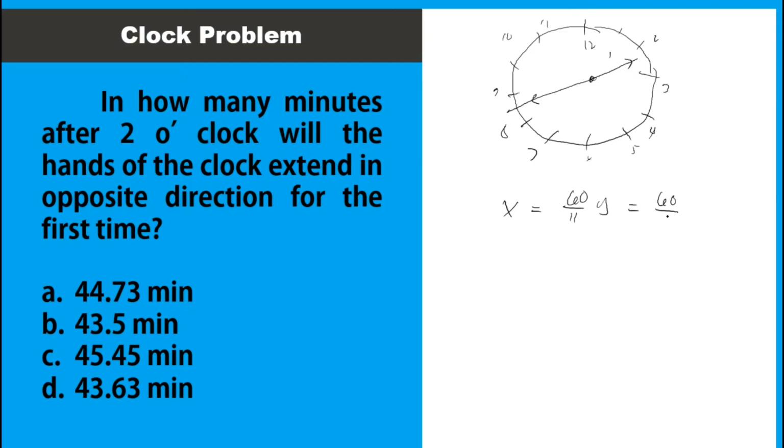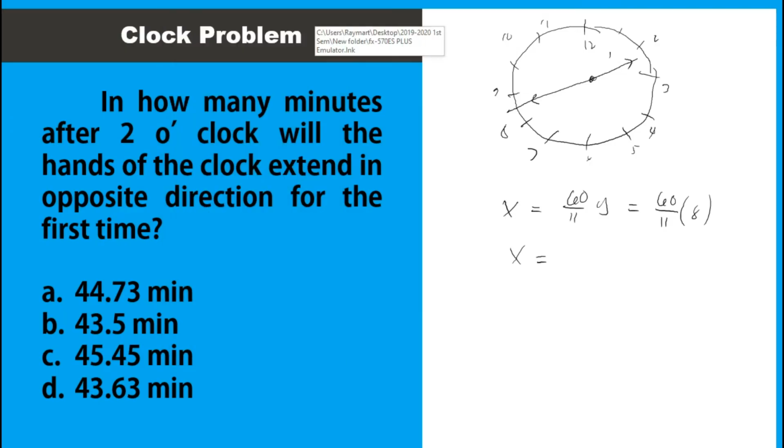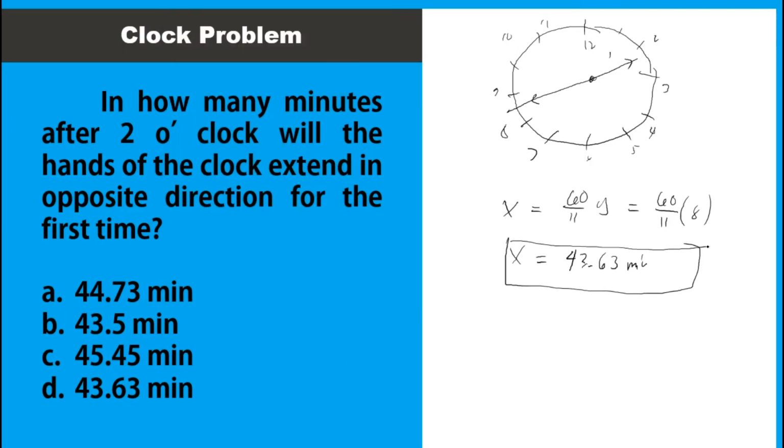So 60 over 11 times 8. You have x equals 60 times 8 divided by 11. We have 43.63 minutes after 2 o'clock. So that is letter D.